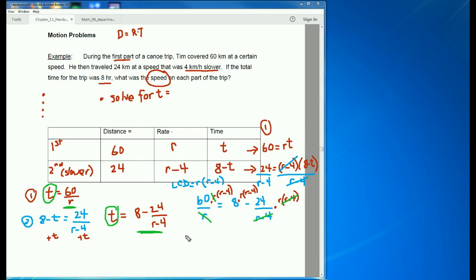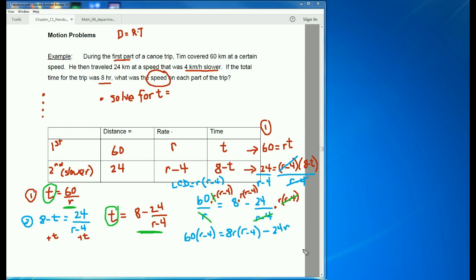Here I've got 60 times r minus 4, and that's equal to, here I've got everything, so I've got 8r times r minus 4, minus, here I've just got 24 times r, so 24r.